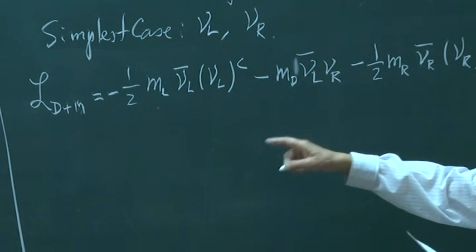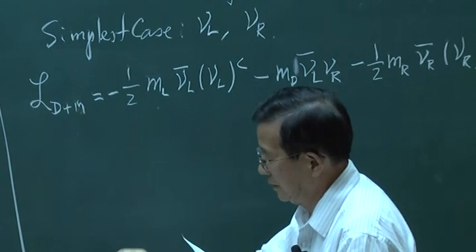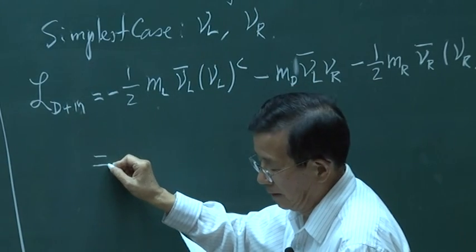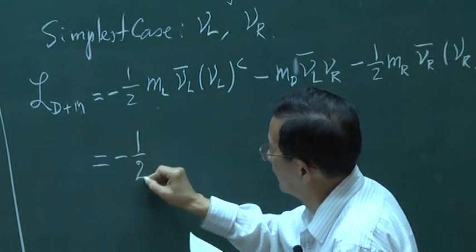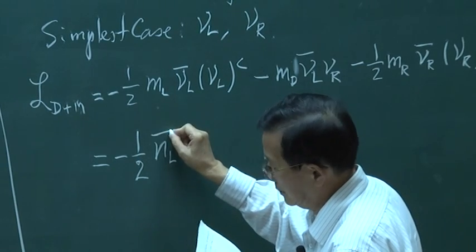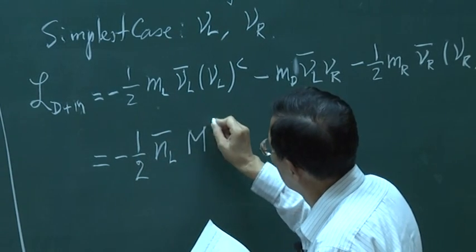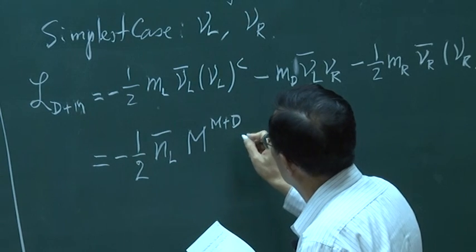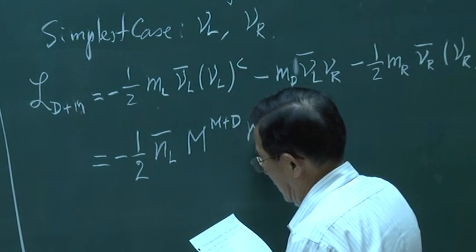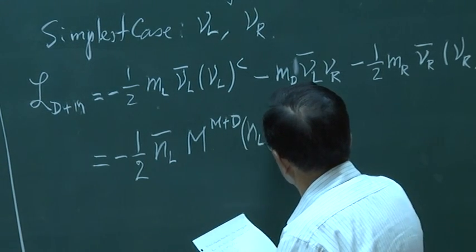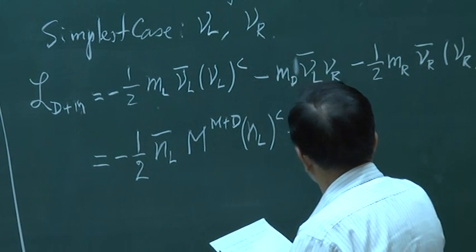Now you can combine all of this in a compact notation: N L bar, M, N L C plus Hermitian conjugate.